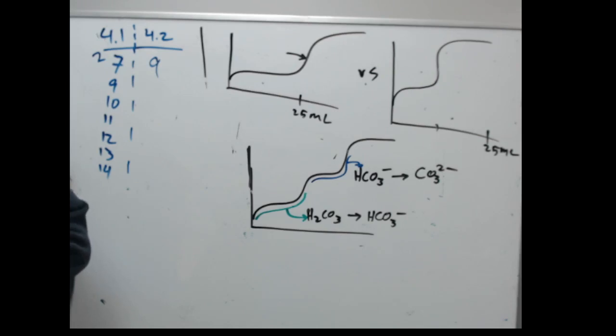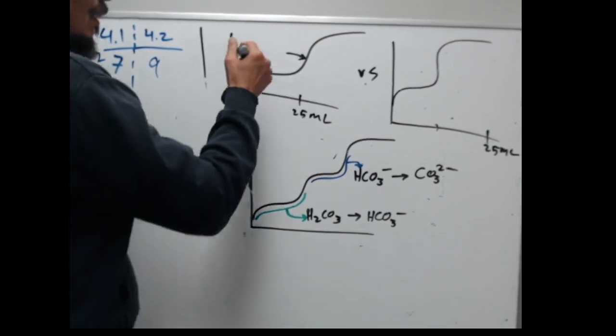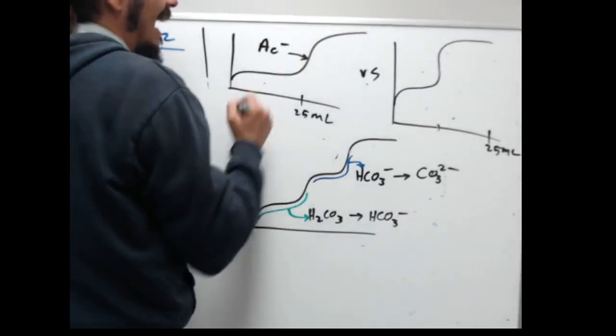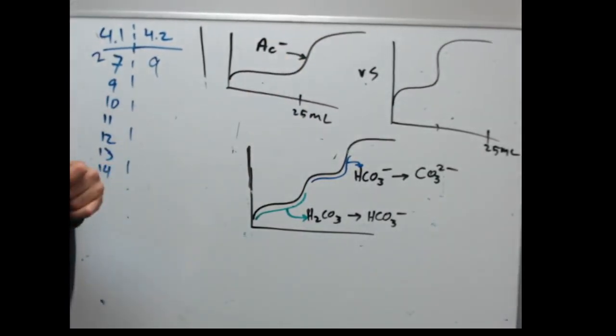Right, because all that was left was the acetate anion, so I had to do the equilibrium of the acetate anion at that point. So it wasn't just water, because if it was just water, it would be 7, like we saw for number 4 or number 3 that we didn't do today.